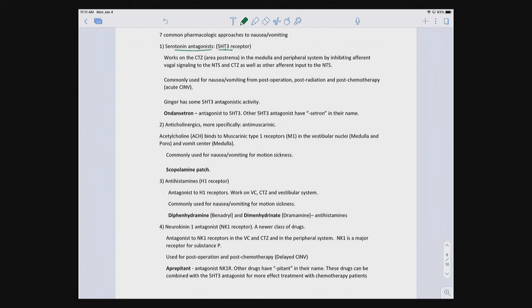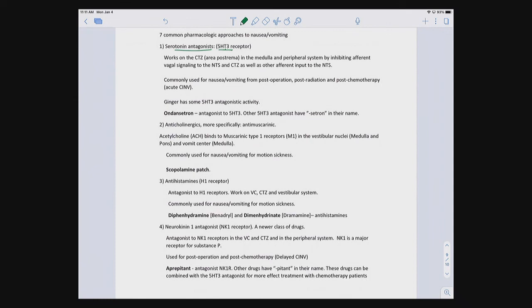So in other words, when serotonin binds to a serotonin receptor, it has its biological effect. But if I have a molecule that we consider to be an antagonist to that receptor, when it binds to the receptor, you don't have the normal biological effect as you would if serotonin were to bind to it. So it blocks the activity of serotonin.